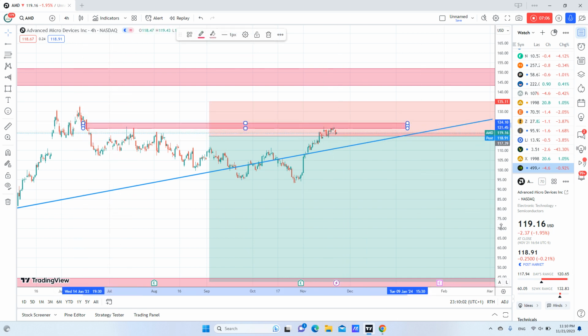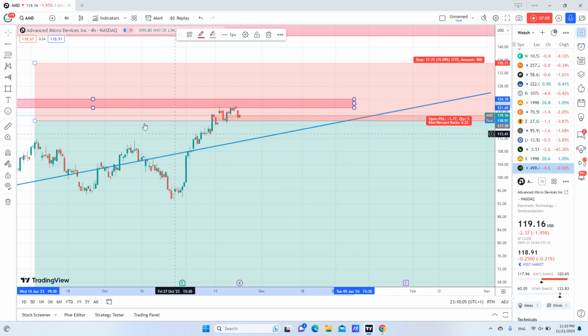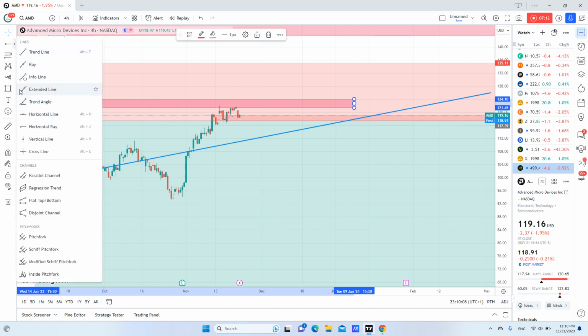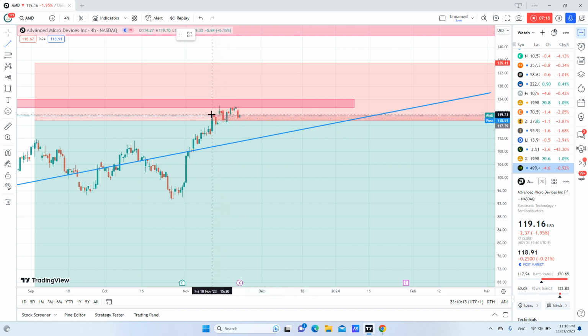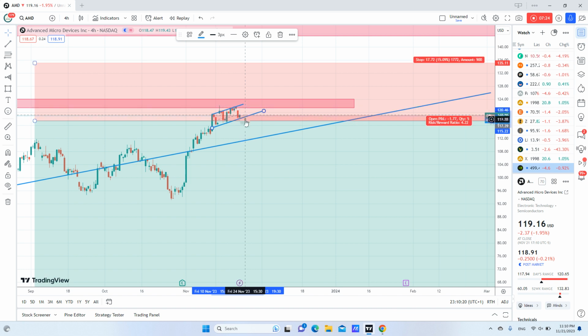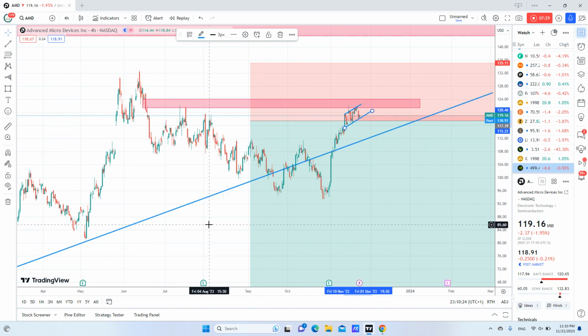And we also have something like an ending diagonal here. So if we break underneath this line, I think it will be going down.